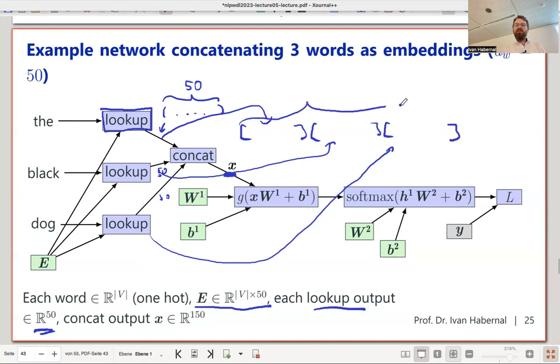So you end up with a vector of size 3 times 50, which is 150. You just put them after each other. This is the easiest operation you can do with three vectors if you want to create one vector: just add them after each other. Easy, works. It also takes into account the position of these words, right?